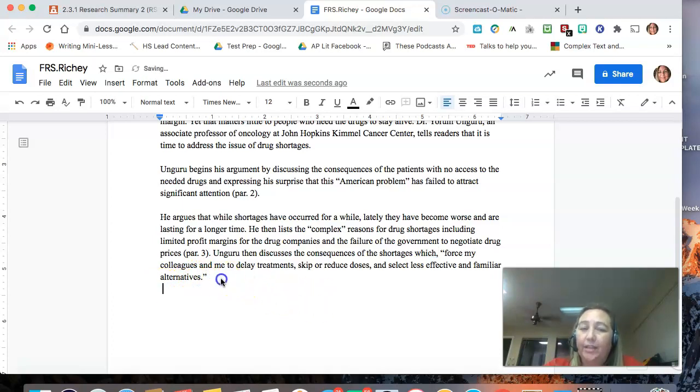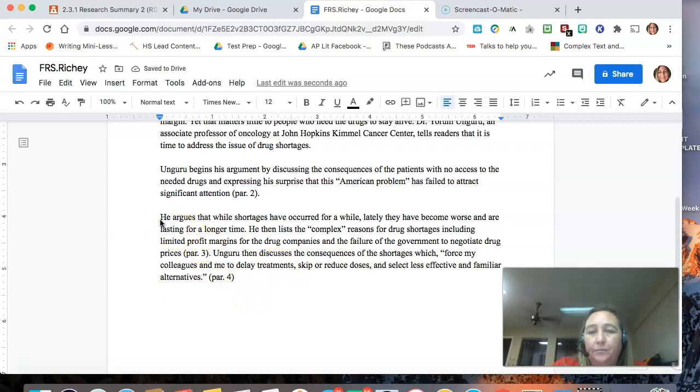I think the reader gets from this that he is saying the reasons why the shortages occur are many and they're complex, but the consequences are significant. All right. He also does that in paragraph 4. All right.